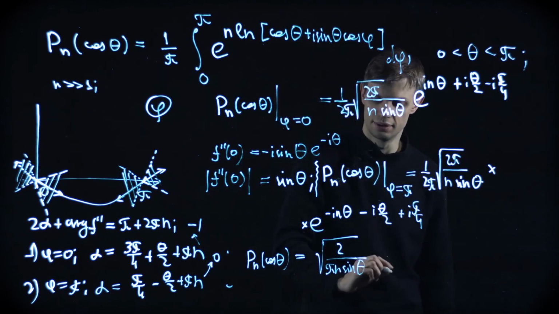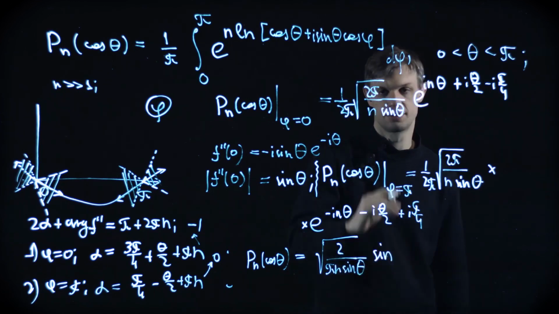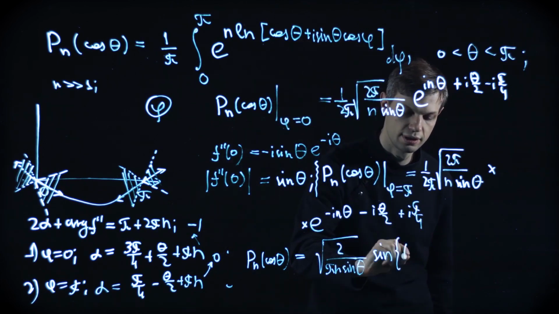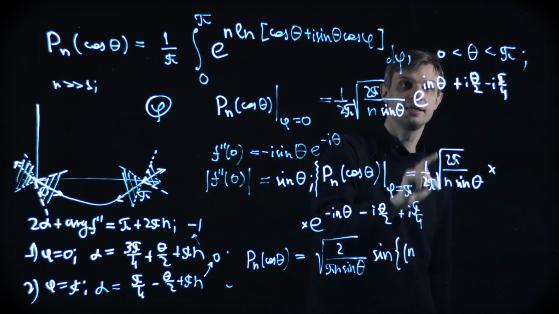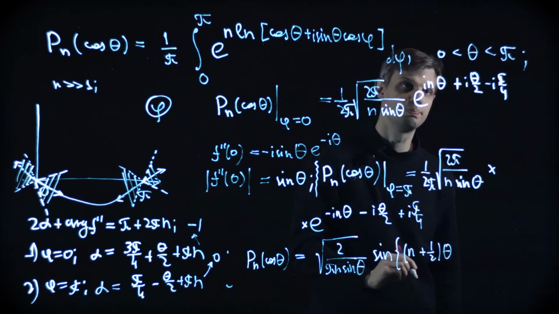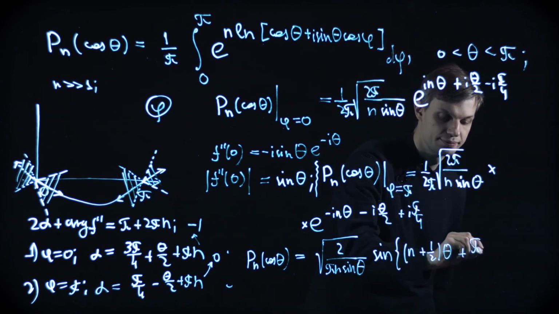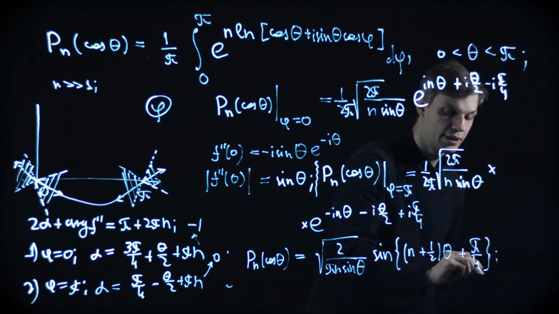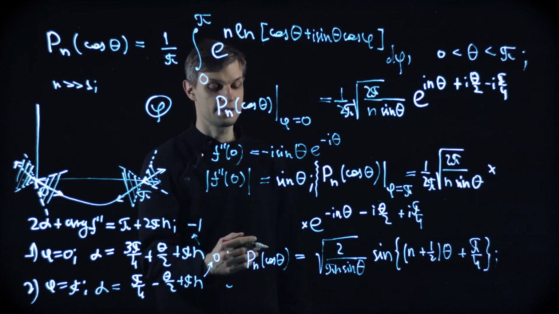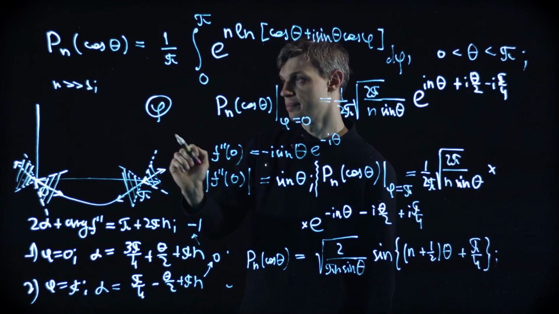So this is this root, and then I write the cosine in terms of sine: sine of (n plus 1/2) theta plus pi by 4. So that's it. This is the asymptotics for Legendre polynomials for large values of their index.